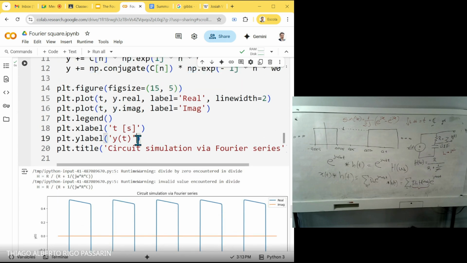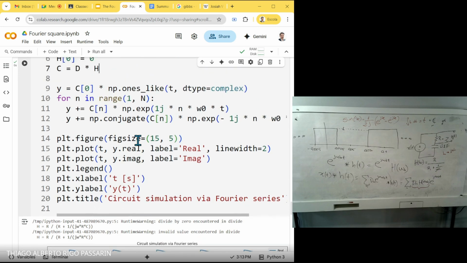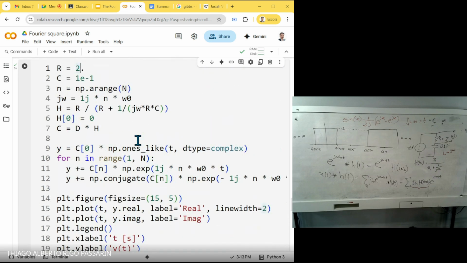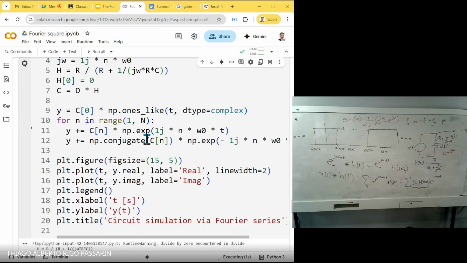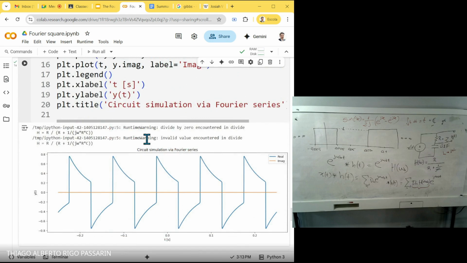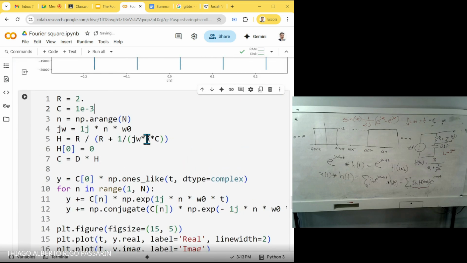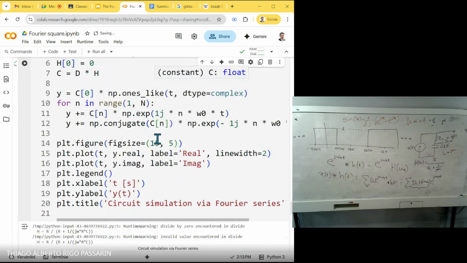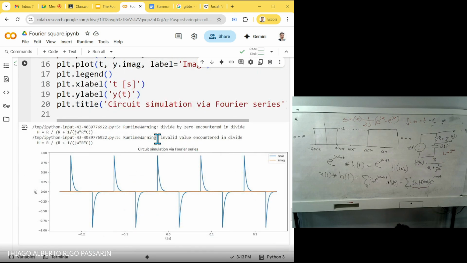Let's change the capacitor. Let's put a smaller capacitor here, -2. Better now, -3. Now it looks like what I get here, right?